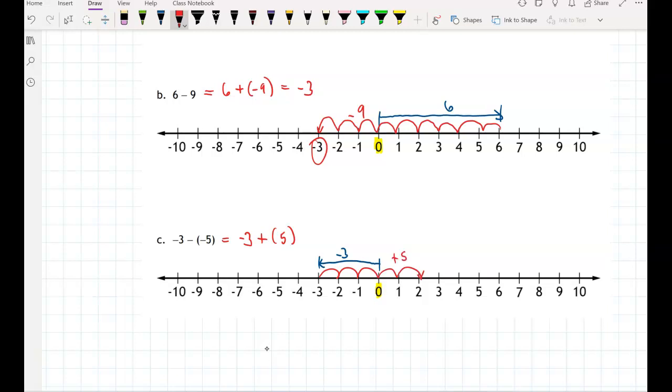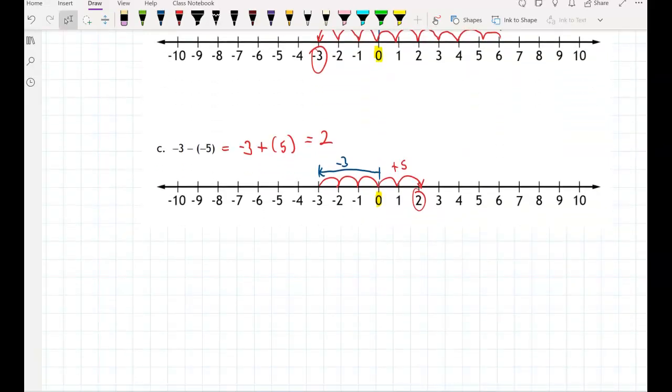Plus 5. Okay, and where does that put me? Right at 2. So negative 3 minus negative 5 is the same as negative 3 plus 5, and that equals 2. Subtraction is adding the opposite.